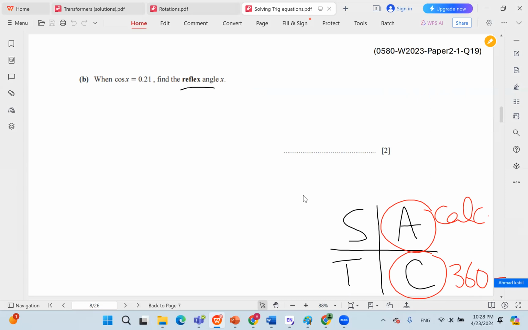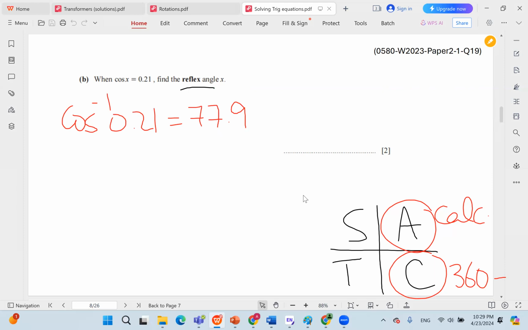Now, the calculator value is obtained by doing Shift cosine 0.21. And this gives us 77.877, so 77.9 roughly. But this is not the angle they want.